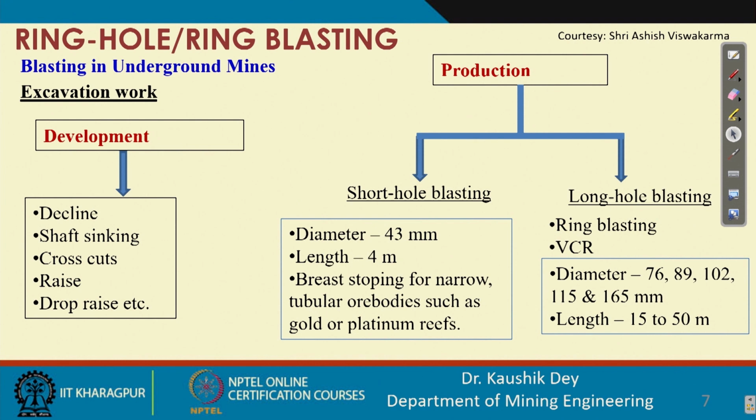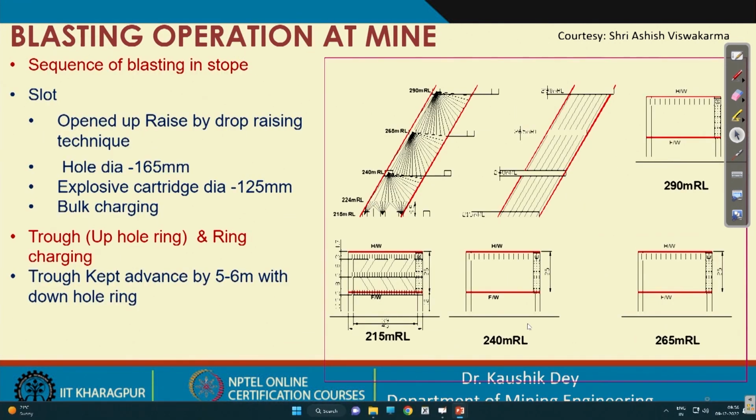Now, ring blasting is practiced sometimes in development work also, but mainly in the production stage. There are two types of blasting carried out, one is in a ring form, another is long hole blasting. So, long hole blasting in ring form, and in VCR, vertical crater retreat, the holes are drilled parallelly, not in a ring form, and large diameter drill holes are made, because the long drill holes are made.